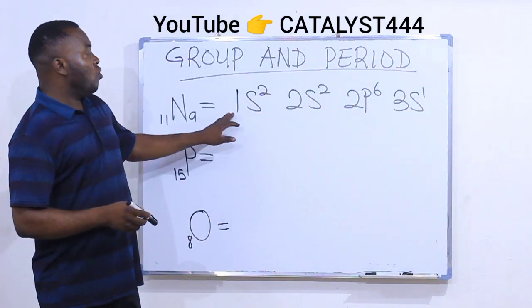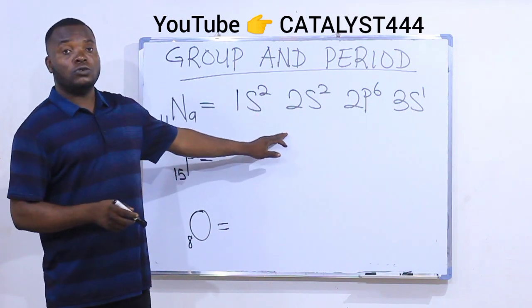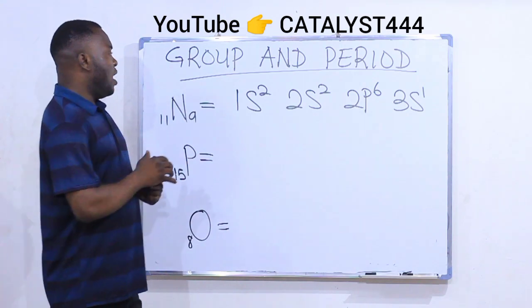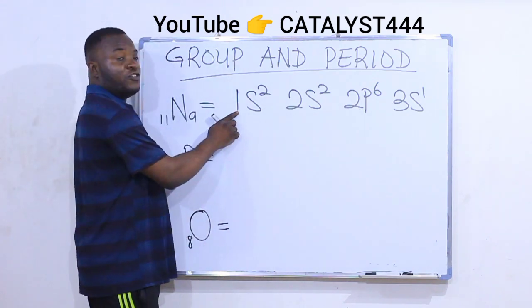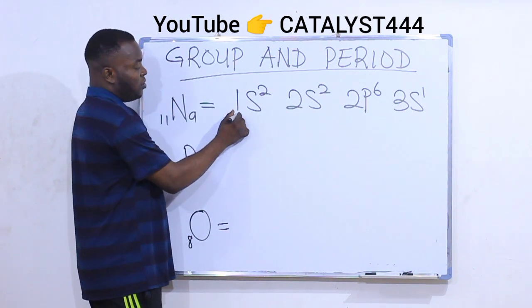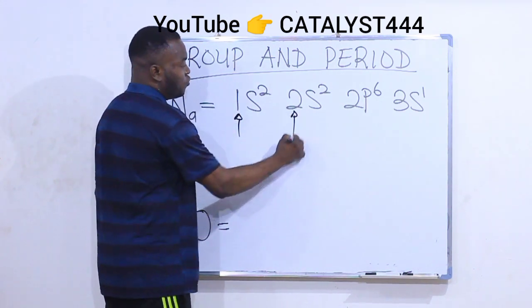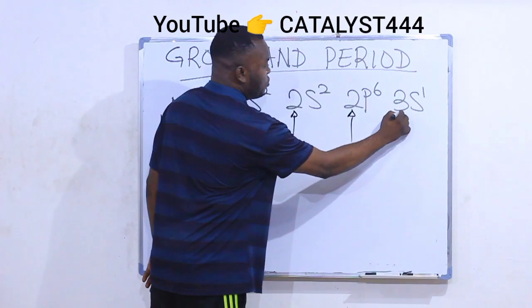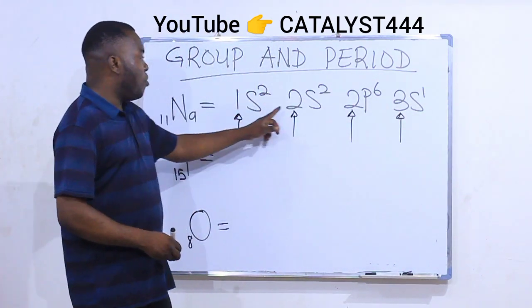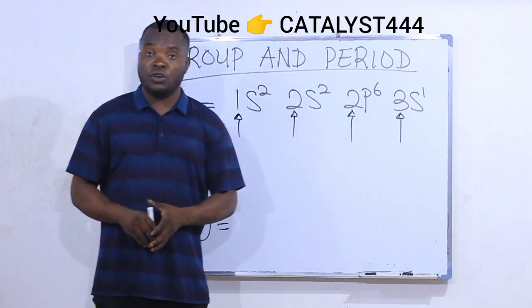If I want to know the period sodium belongs to in the periodic table, I will consider the coefficients. Here the coefficient is 1, here it is 2, here it is 2, and here it is 3. Now the highest number among the coefficients gives you the period of the element.